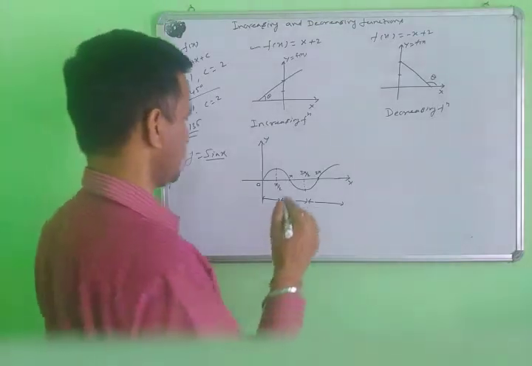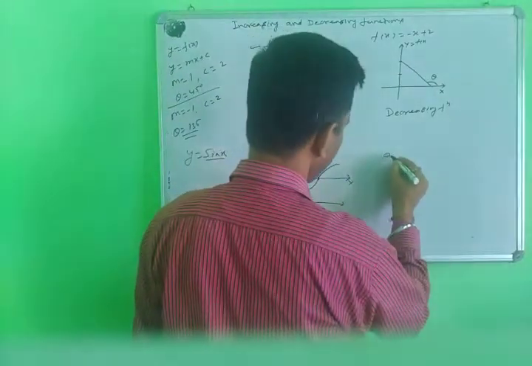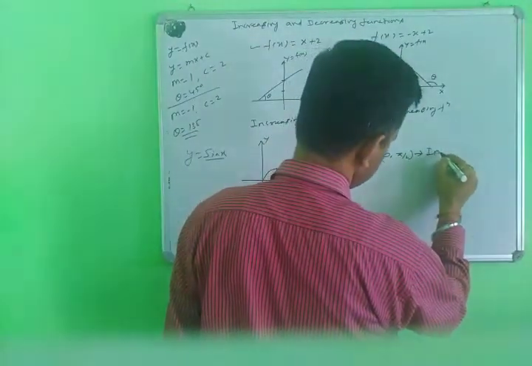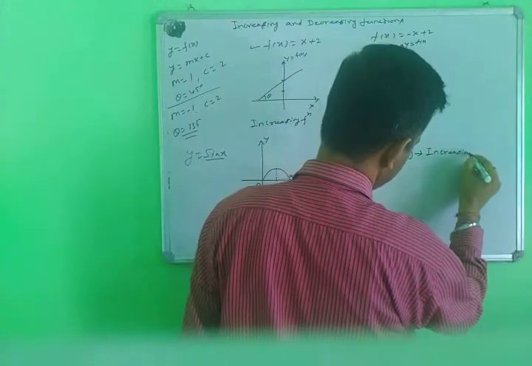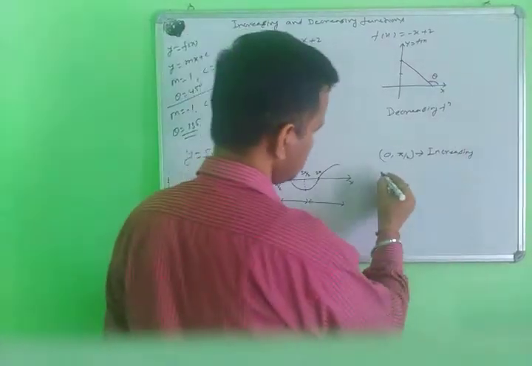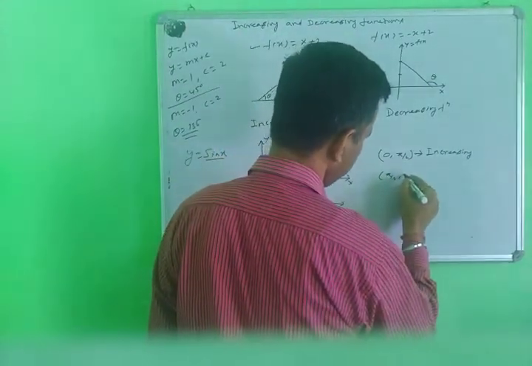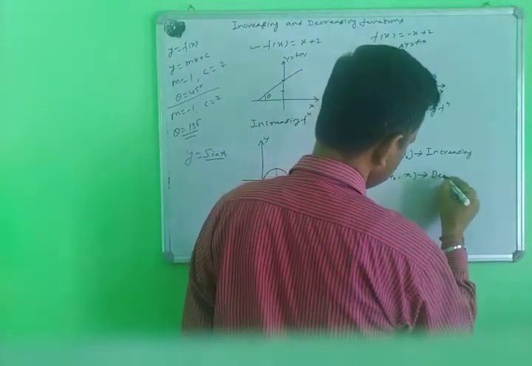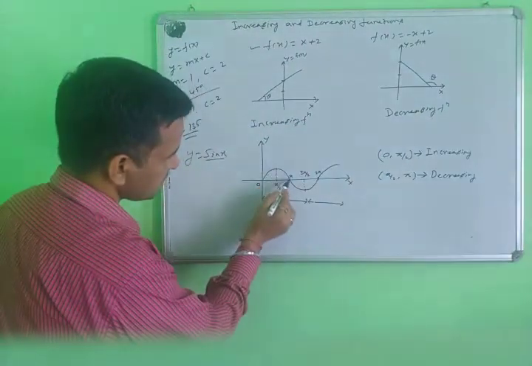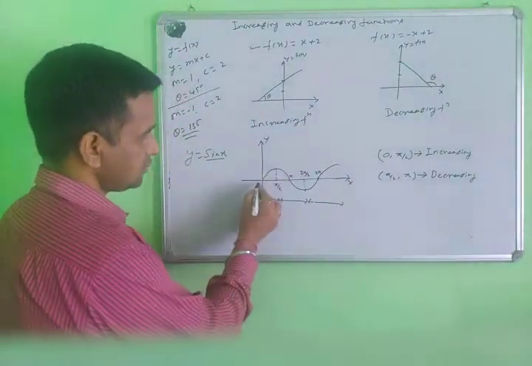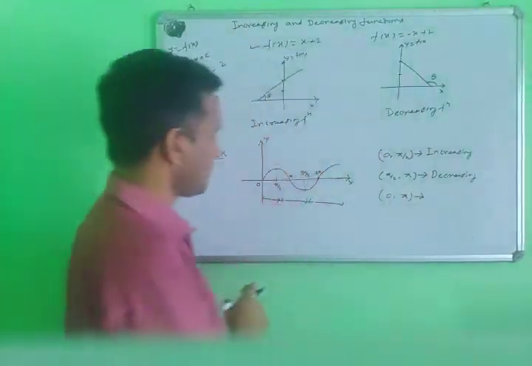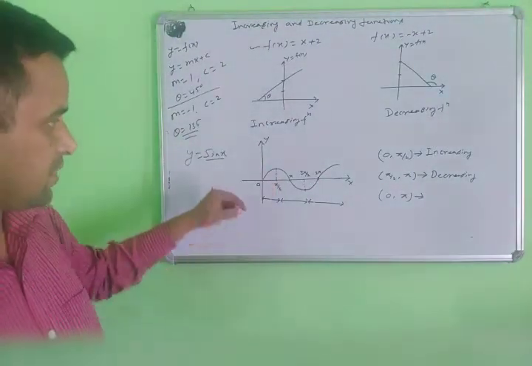In the open interval 0 to pi by 2, the function is increasing, and from pi by 2 to pi the function is decreasing. But if we take the single interval 0 to pi, what is the result?